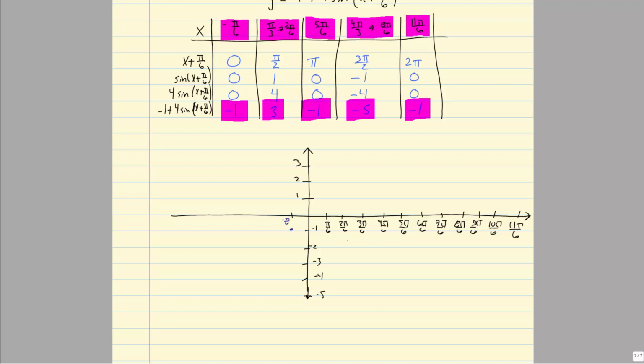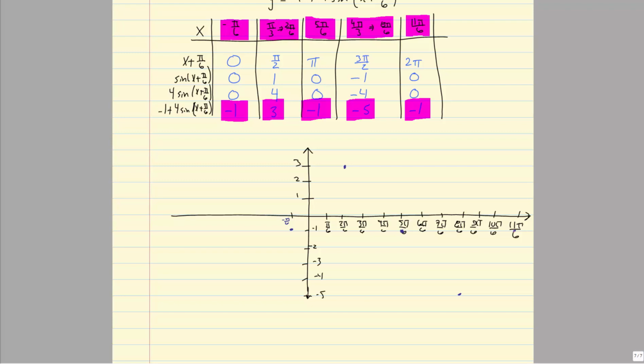At 2 pi over 6, I should be up at 3. And at 5 pi over 6, which is right here, I should be down here at negative 1 again. It's going to crowd that a little bit. And at 8 pi over 6, I should be at negative 5. And at 11 pi over 6, I should be at negative 1.